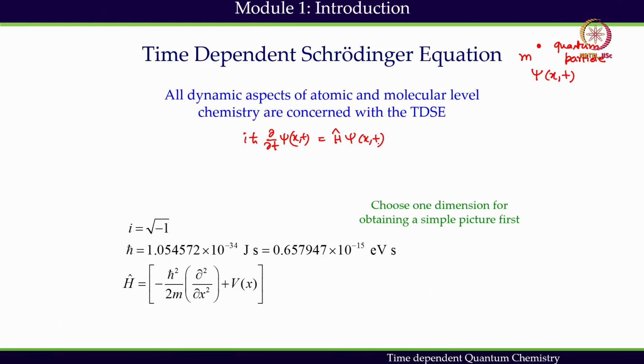That's the one dimensional TDSE of a single particle of mass m, and we have assumed that the particle velocity is much less than the speed of light. So it's a non-relativistic problem we are dealing with.